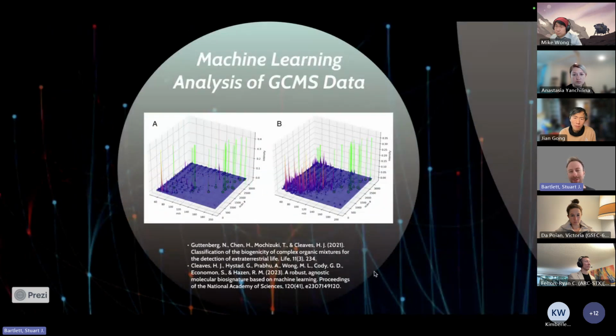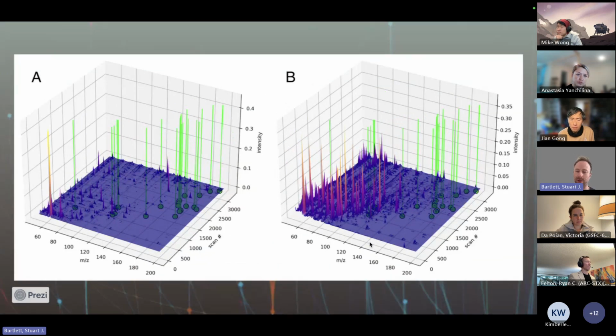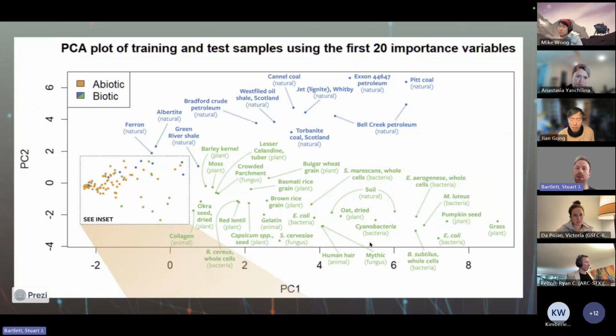Now, I have to go back to Mike's work again. Mike, Jim, Nicholas Gutenberg, Anirudh, and others have done this super interesting machine learning study of gas chromatography mass spectrometry data. The raw data looks rather like this. What they're able to do is apply machine learning techniques, project everything back into principal components, in particular the first two principal components.